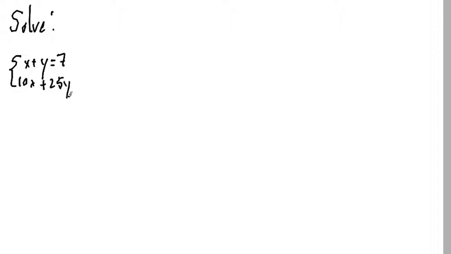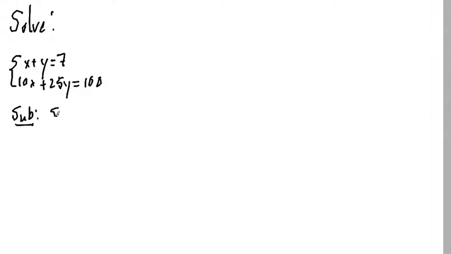So let's go ahead and try to solve this. Alright, so we're going to try to solve the system. x plus y is equal to 7, and 10x plus 25y is equal to 100. Let's do substitution this time, because otherwise we'd have to multiply by some pretty big numbers.